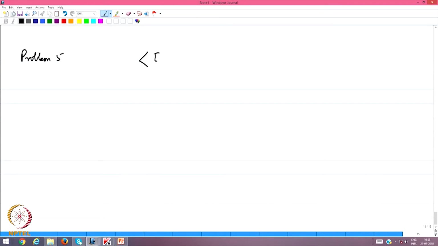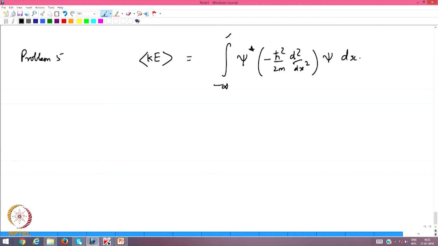Average value for the kinetic energy is the integral of psi star, the kinetic energy operator -ħ^2/2m d^2/dx^2, psi dx. Here of course the limits are minus infinity to plus infinity.